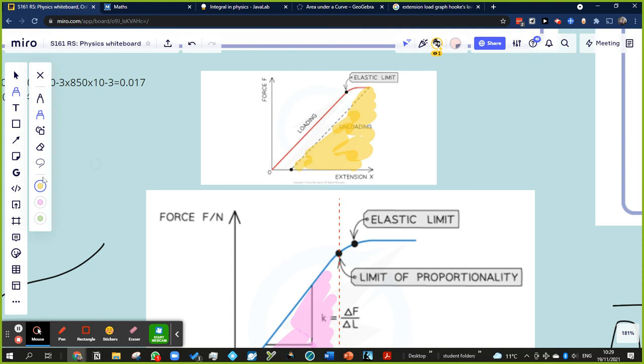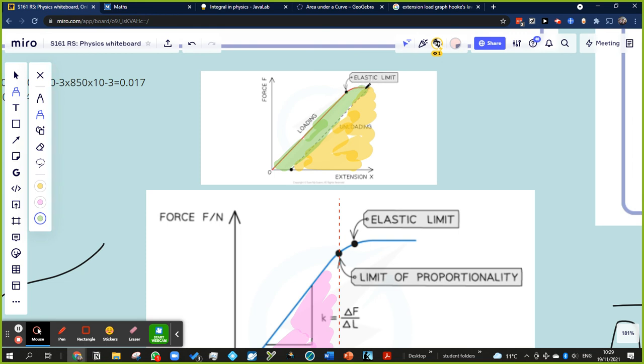And so you've got this area here, and this would be the energy lost, and that's going to be the energy lost as heat. And you'll only get that once it goes past its elastic limit. Otherwise, when it returns, it just returns back down the same line, and you can see that there's no difference in the two areas.